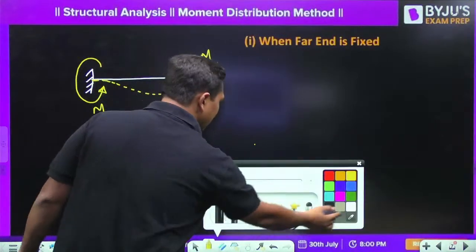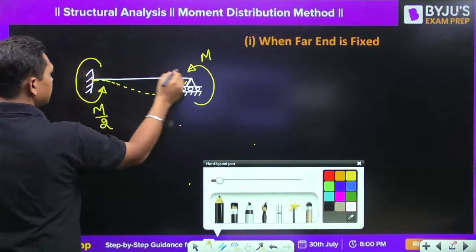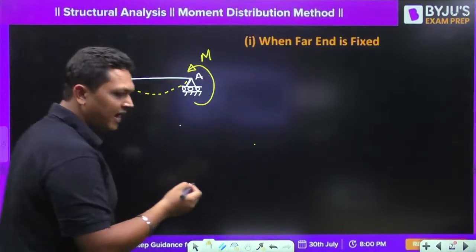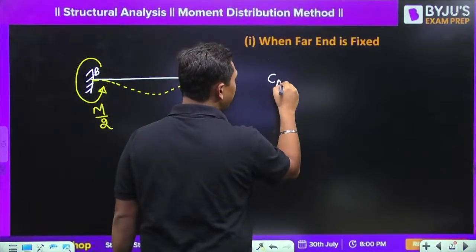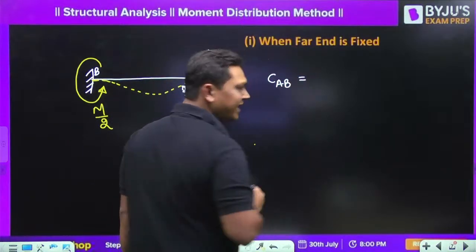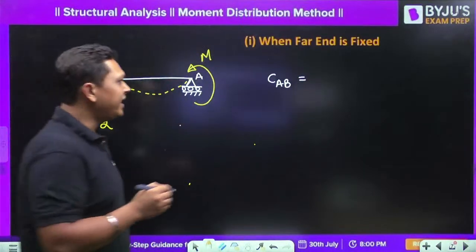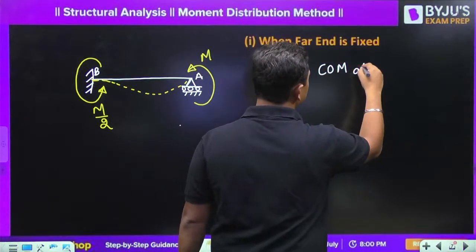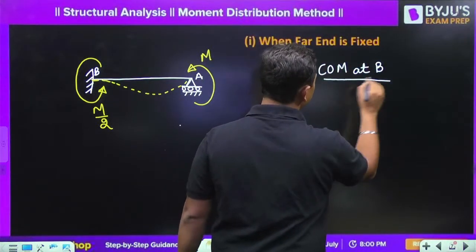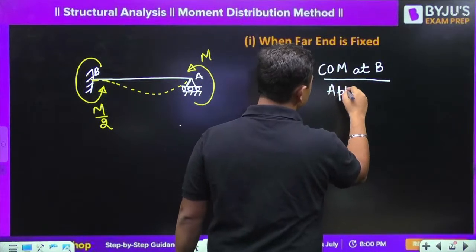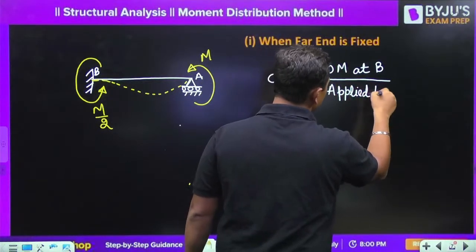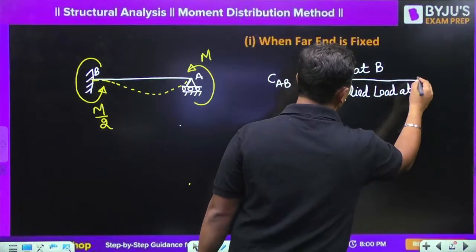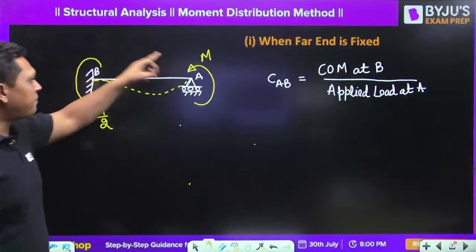So let us say this is end number A and this is end number B. So if I write CAB, it is defined as carryover moment at B due to applied load at A. So what is the carryover moment at B due to applied load at A?